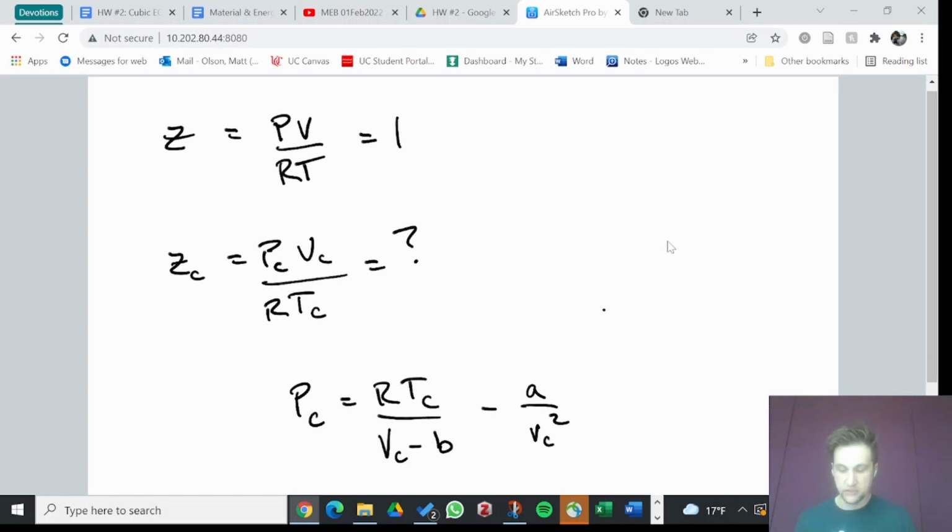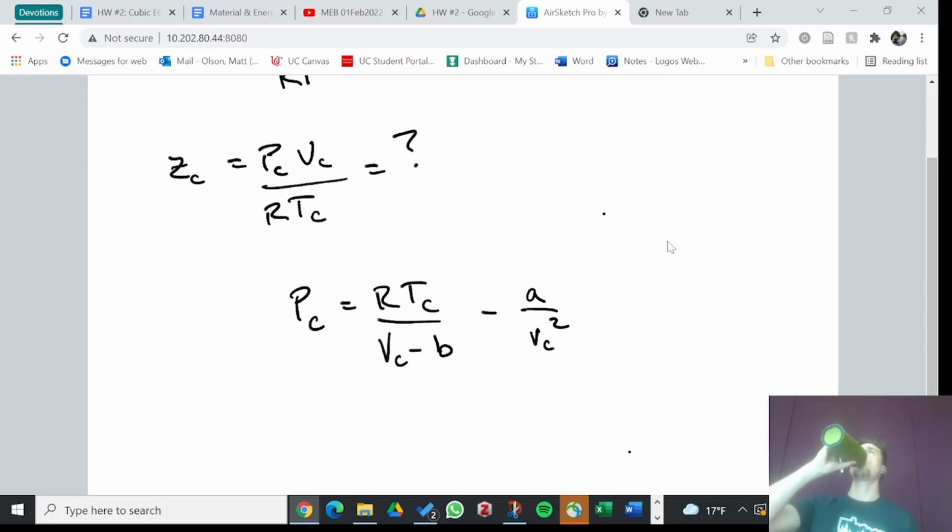Now that we've solved for A and for B, what this allows us to do is plug and play our A and our B that we just solved for, put it into our equation here, and that's going to give us our compressibility factor, and it's going to show us the ratio at which the deviation happens when the gas is operating at the critical point instead of as an ideal gas. So let's go ahead and do that now, leaving us with the pressure at the critical point.